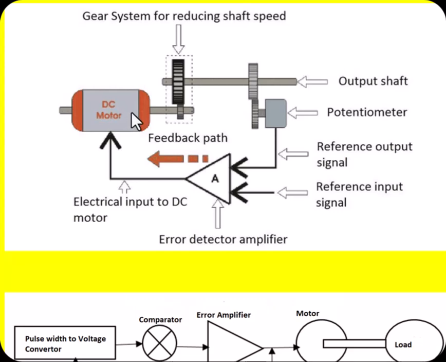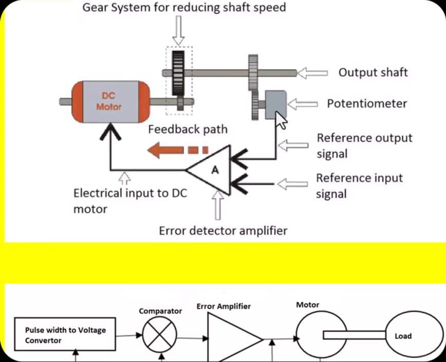The DC motor, by looking at the error, decides whether to run in the clockwise or anti-clockwise direction. Suppose the reference input signal is more than the feedback signal. In that case, the DC motor rotor rotates in the clockwise direction.